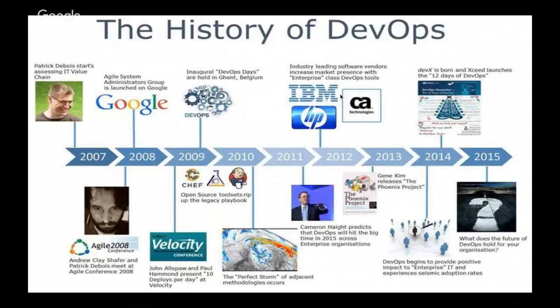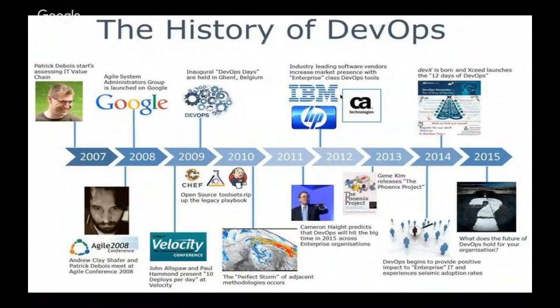In 2008 itself, Andrew Clay and Patrick Debois met at the Agile conference and started to work on the concept of DevOps. In 2009, the inaugural DevOps Days was held in Ghent, Belgium.